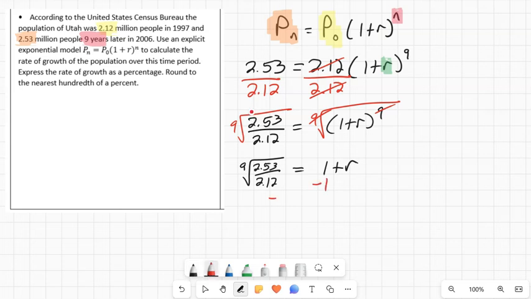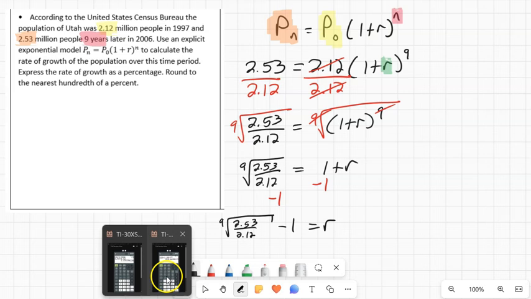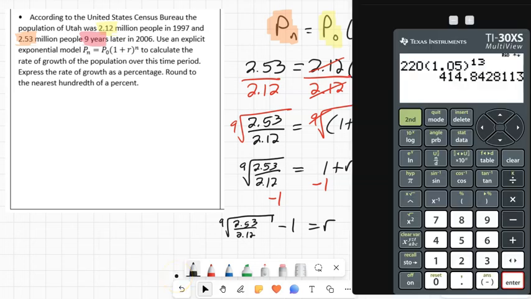We subtract 1. On the left side, I would write the 9th root of the fraction, and then outside of that, a minus 1. That's the exact value for r. That is now something we can calculate.